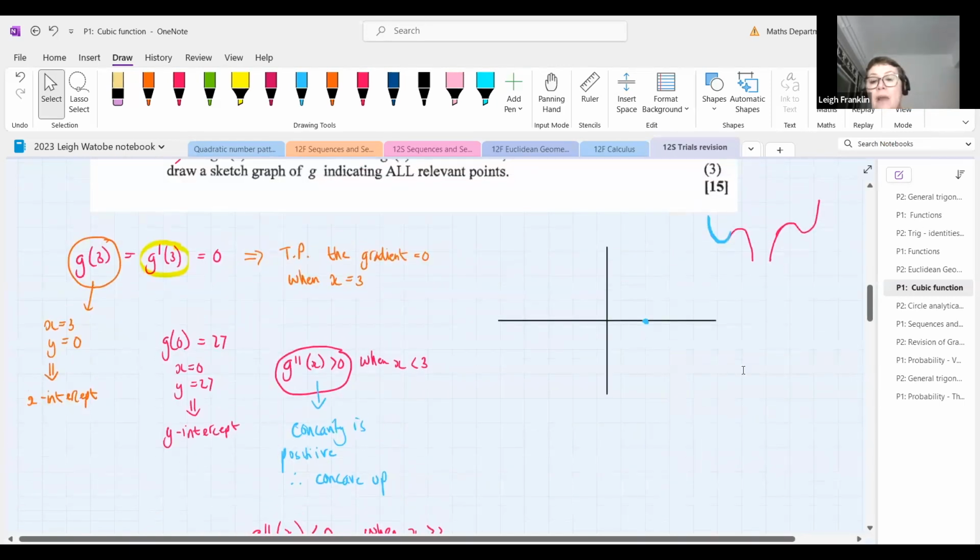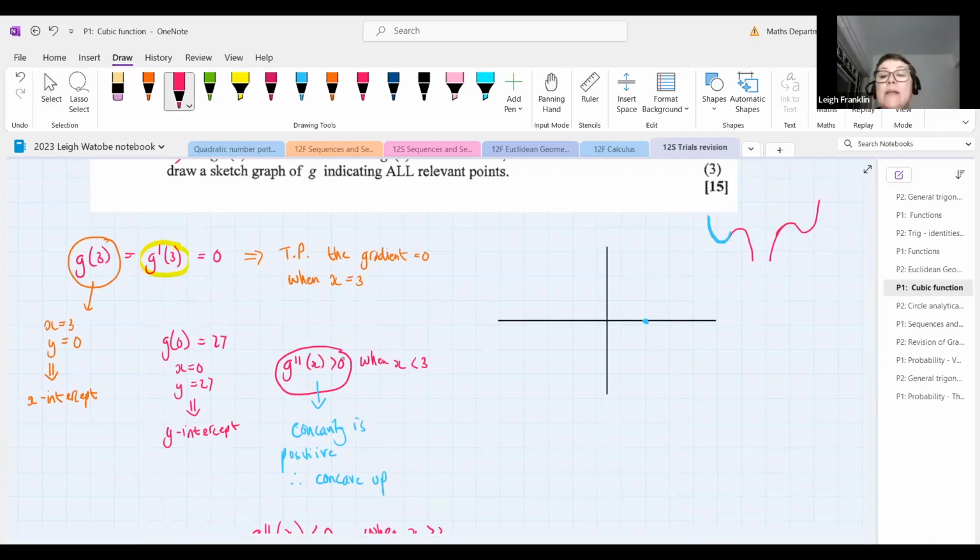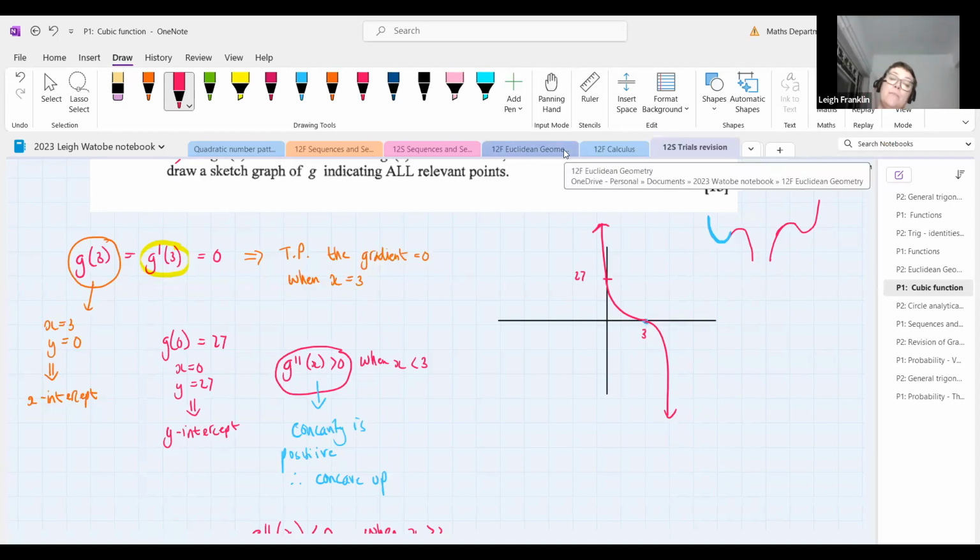So we have a turning point that is also a point of inflection and an x-intercept. So the graph would have a really weird shape. It would look something like that. And that bit over there is going to be 27, and that bit over there is going to be 3.